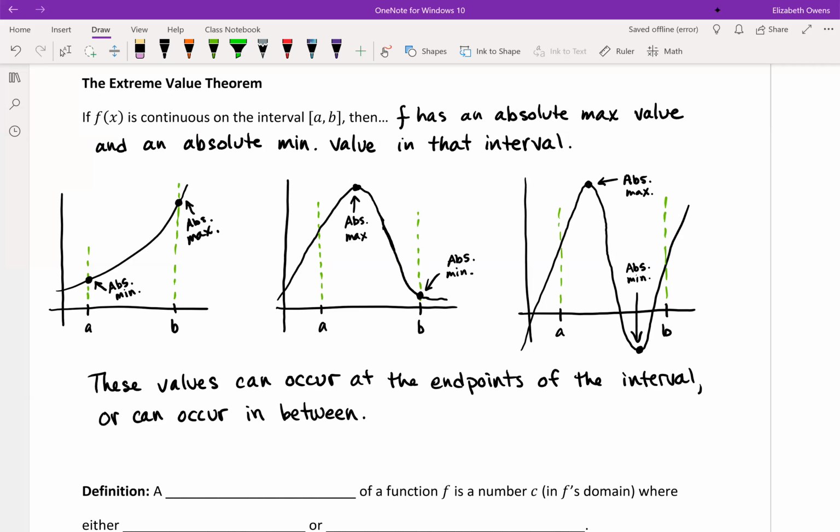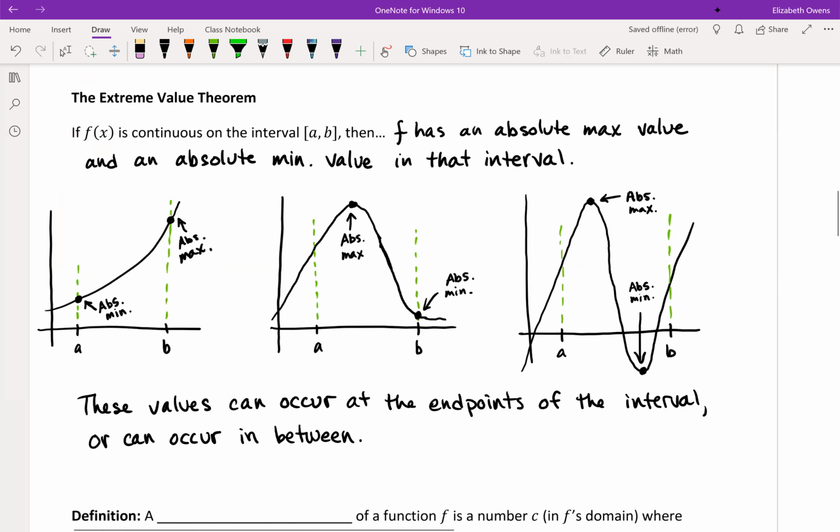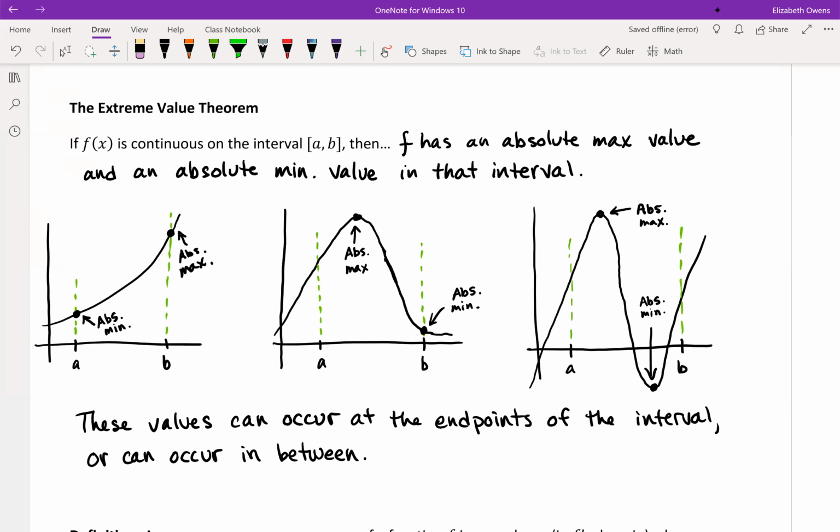So let's look at this for a second. Let's look at the absolute maximum and minimum values that are not at the endpoints. That would be this guy right here. My highlighter is still being really crazy.